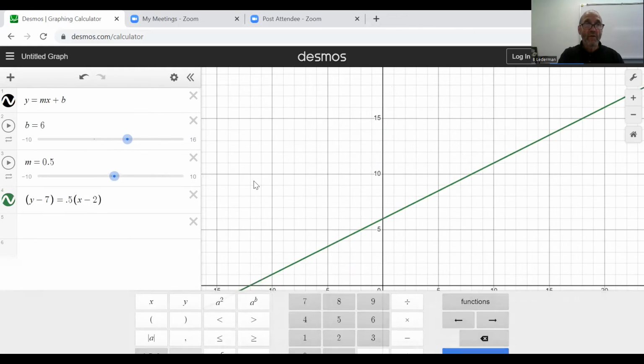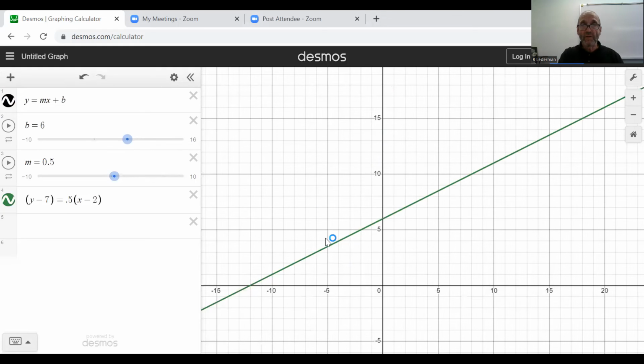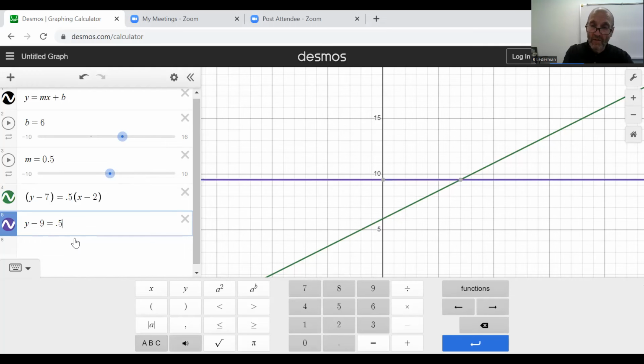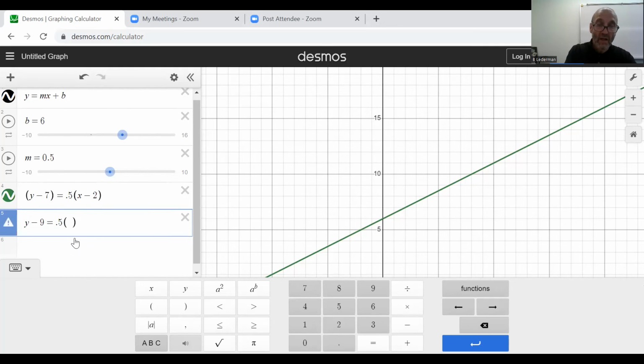And notice when I do that, this line is exactly on the y equals mx plus b line. I'm also going to type in the second equation I got, y minus 9. This is when I chose the other point. y minus 9 equals 0.5 times x minus 6.